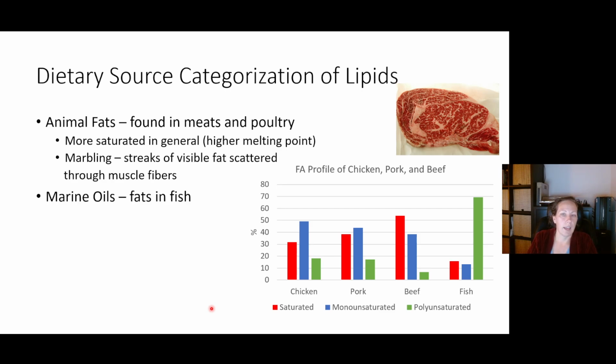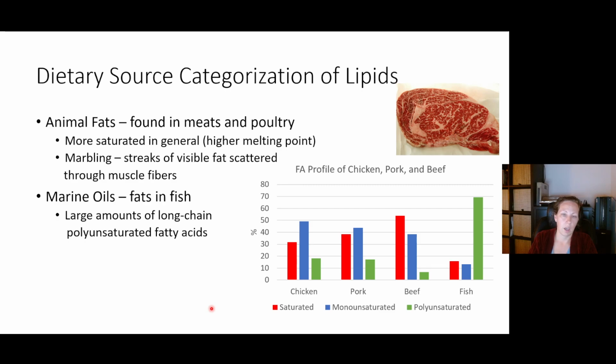Okay, so finally, last one, I know I'm going a little bit long on this lecture, is marine oils. Those are the fats in fish. The key distinguishing factor there is that the fats in fish have a large amount of long chain polyunsaturated fatty acids.